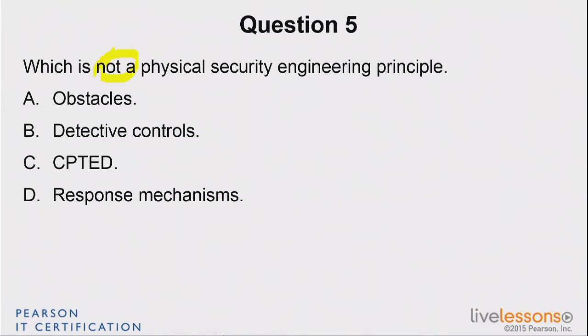The ones we talked about were obstacles, because obstacles will frustrate trivial attackers and slow down determined ones. Detective controls is a physical security principle because that lets us know that an attack has happened or is happening.